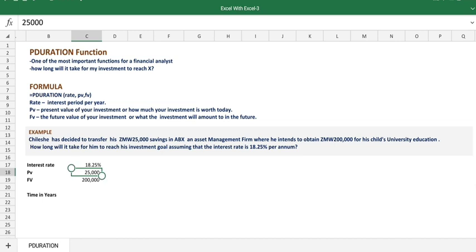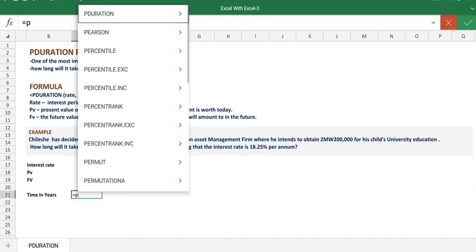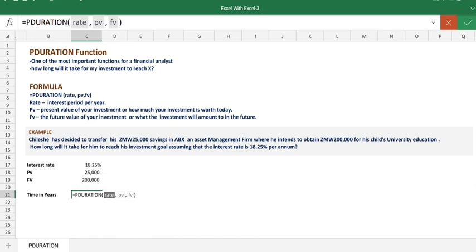Then to find the time, we just go to Excel and type the PDuration function. Then the first argument is the interest rate. The second argument is the present value. The third argument is the future value.